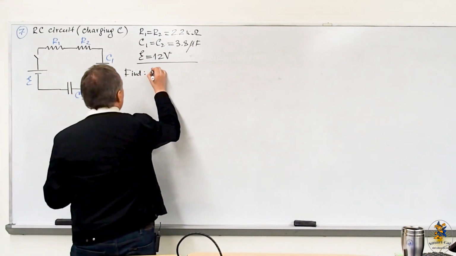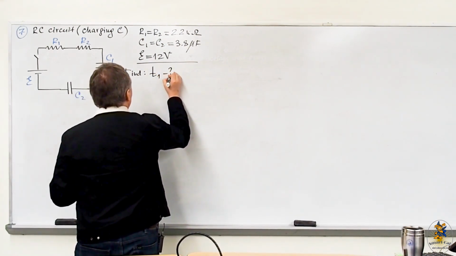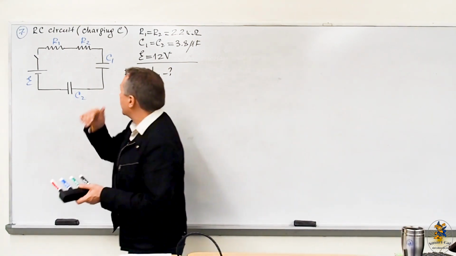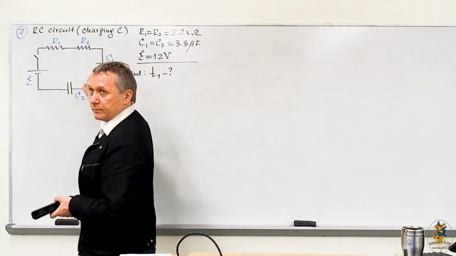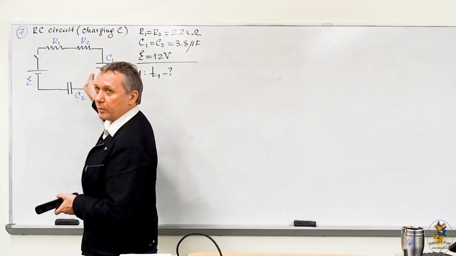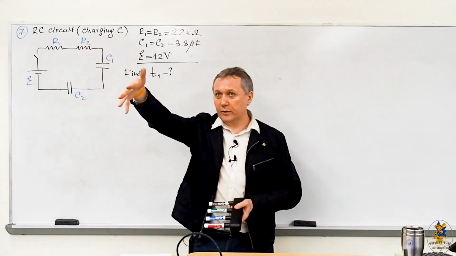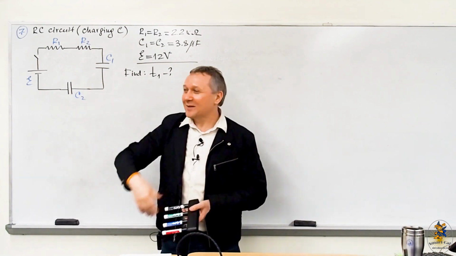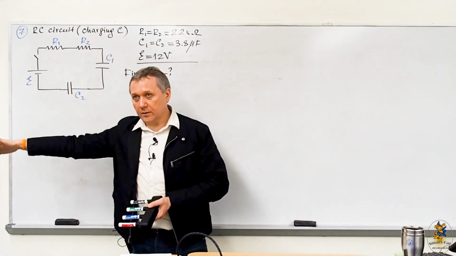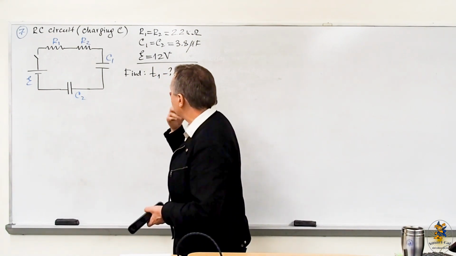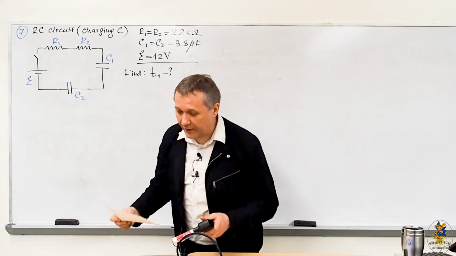So we need to find, let's call it T1, moment of time, because what happens, guys? First, capacitors are empty, right? And at the initial moment of time, there will be very large current, the highest possible. We even watched the movie, right? And then current decays. So we just need to find the moment of time when current is going to reach 1.5 milliamps.